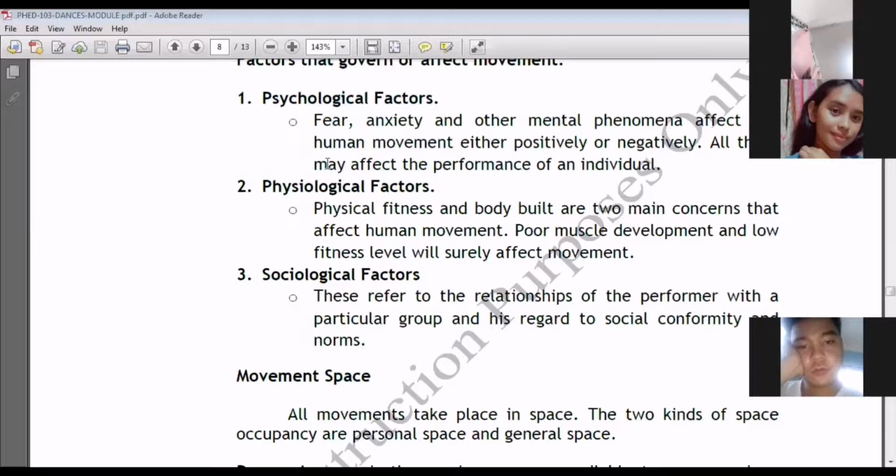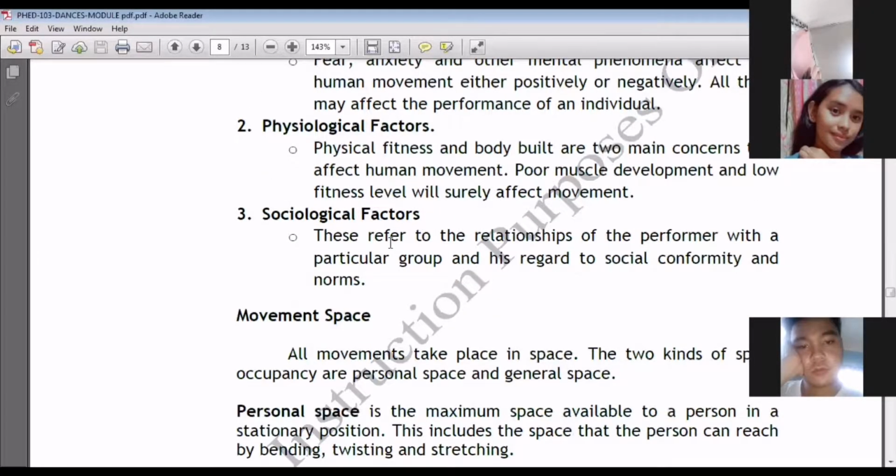This may hinder us to give our full blast performance because we are not totally well. Even if it's just our emotions, it has a big effect on our performance. All right? How about physiological factors?